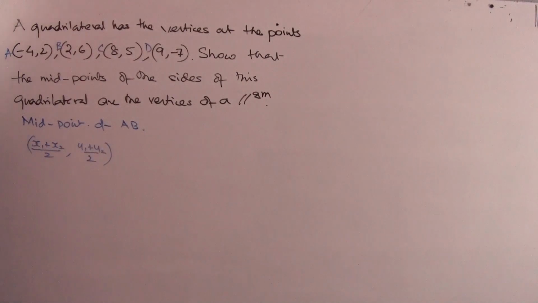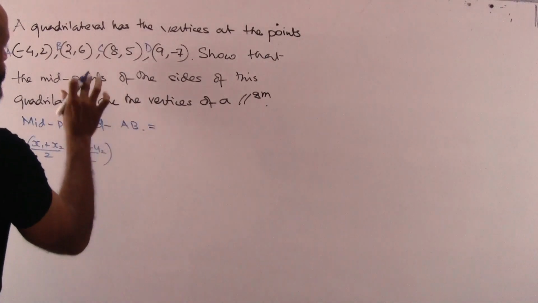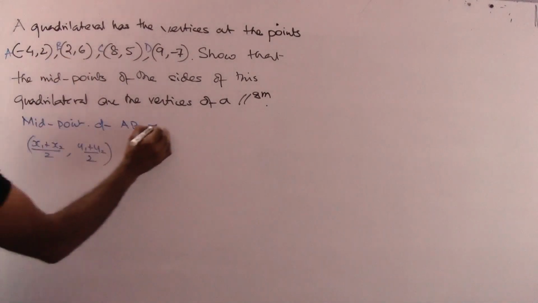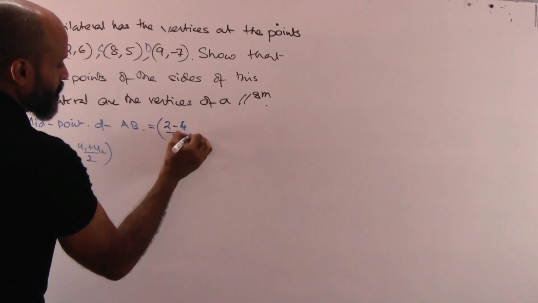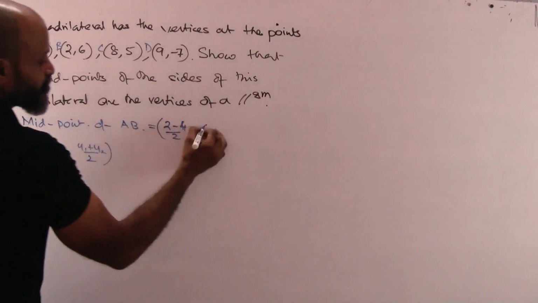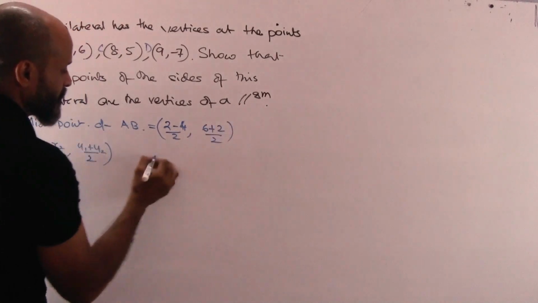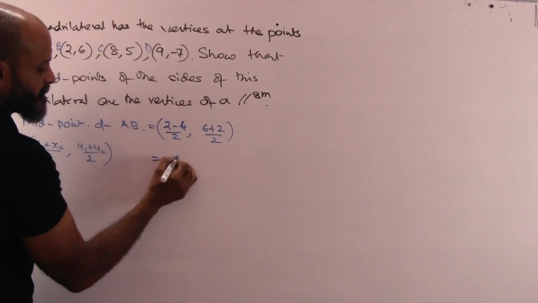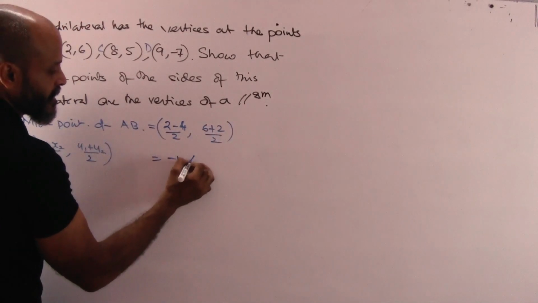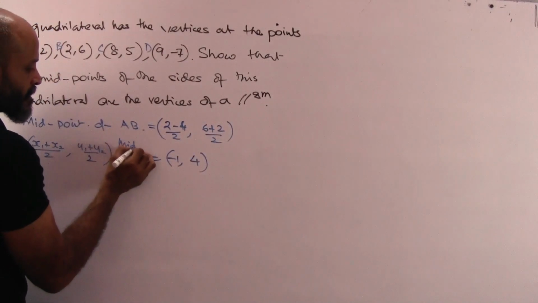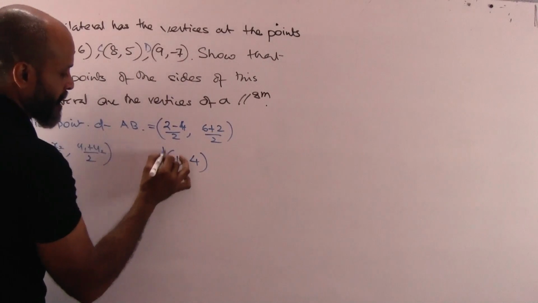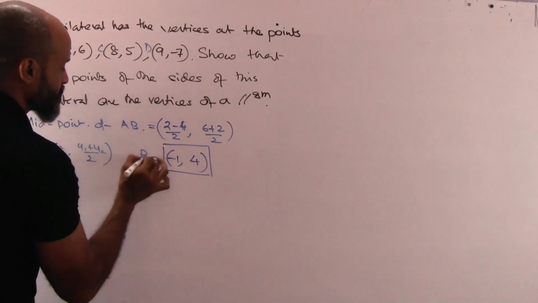So the midpoint of AB is 2 minus 4 by 2, and 6 plus 2 by 2. That will be minus 2 by 2, that is minus 1, and 6 plus 2 is 8, by 2 is 4. So the midpoint of AB is minus 1, 4. Let's call this P.